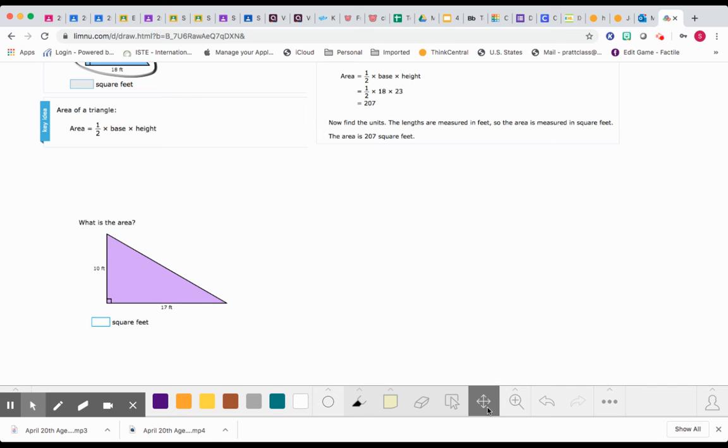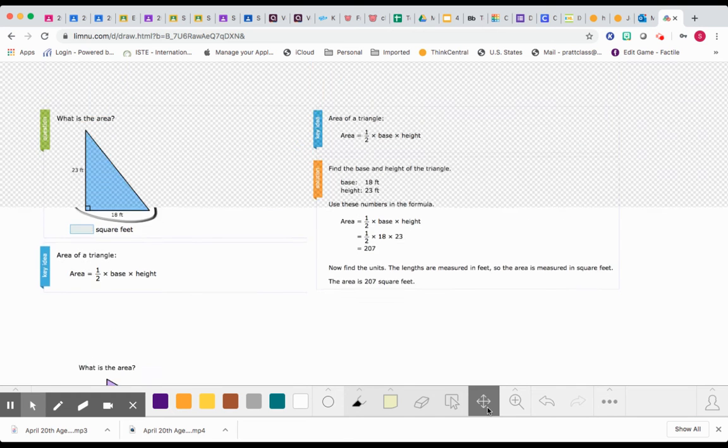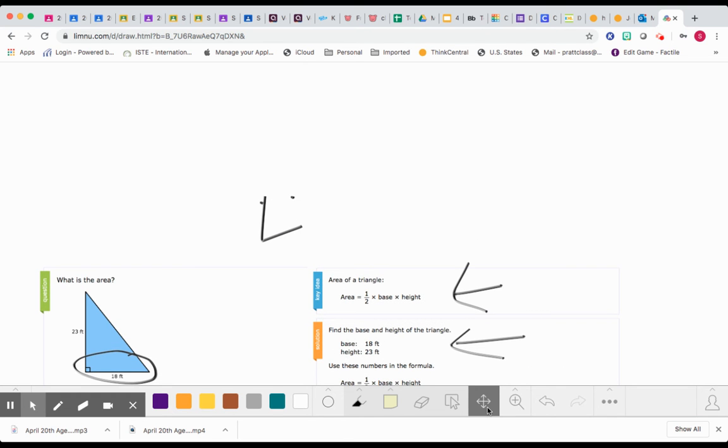Okay, so 414. My pen is not working. Okay, so 414. And now we got to multiply this by half, right?